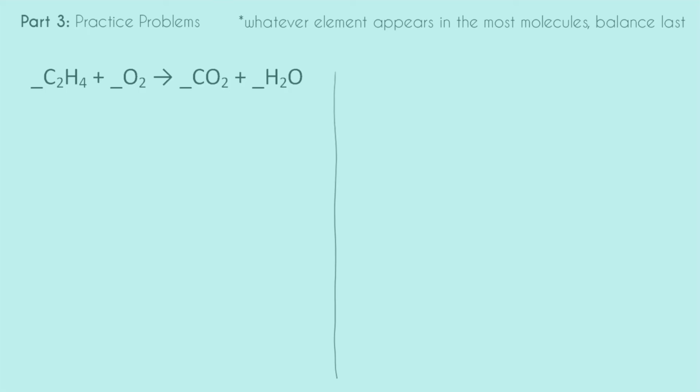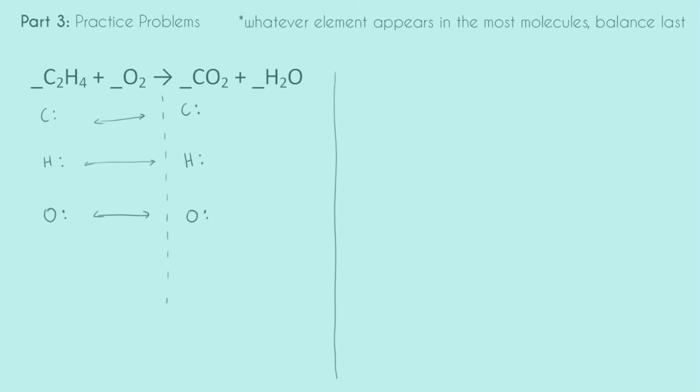So let's go ahead, we start all of our balancing by just tallying up how many of each element we start with. All right, so separating the left and right hand side, lining up our elements, and again, see how I have all of my elements completely lined up so I can compare carbon to carbon, hydrogen to hydrogen, oxygen to oxygen.